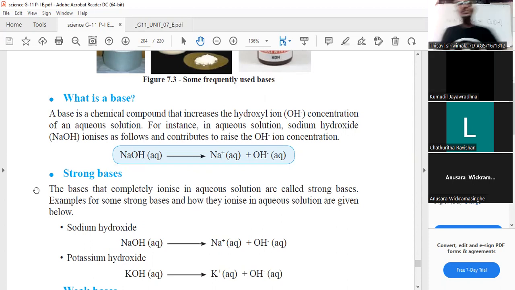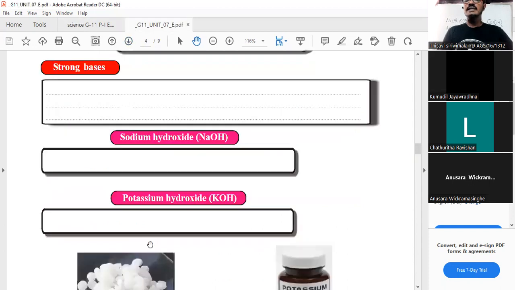Right. After that, you can write the examples for them. Now, sodium hydroxide, how it dissociates. Potassium hydroxide, how it dissociates.